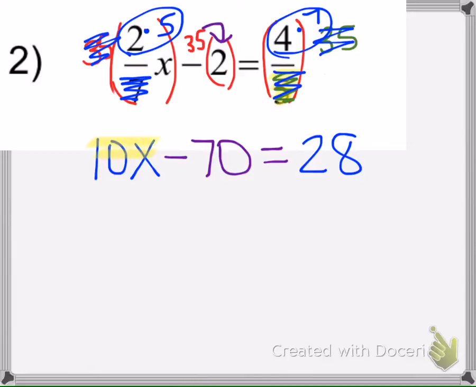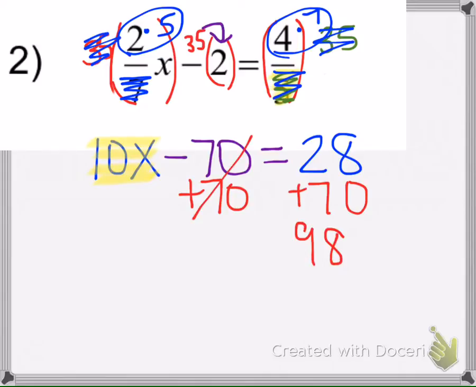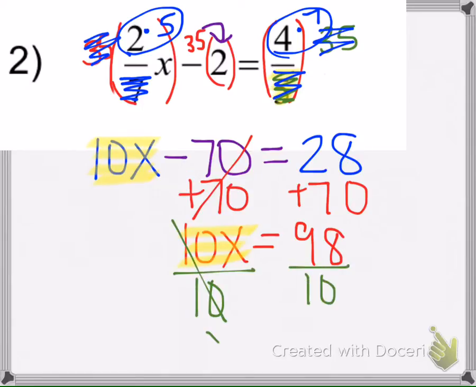So I want to get my variable term isolated. So we'll add 70 to both sides. And then divide both sides, now that this variable term is isolated, divide both sides by 10.